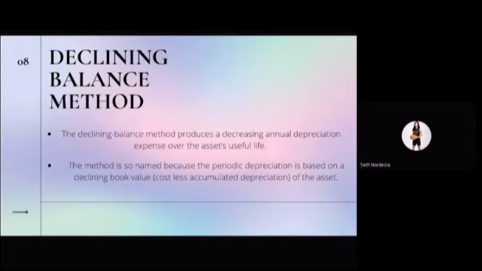With this method, companies compute annual depreciation expense by multiplying the book value at the beginning of the year by the declining balance depreciation rate. The depreciation rate remains constant from year to year, but the book value to which the rate is applied declines each year. Next slide, please.